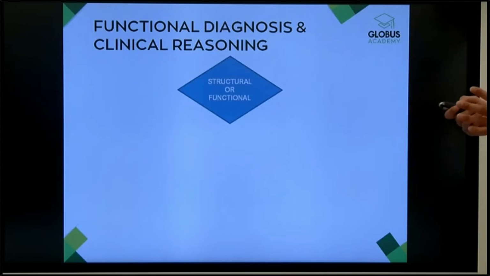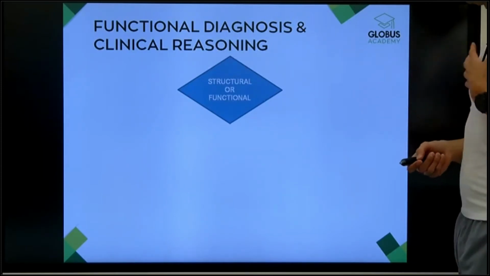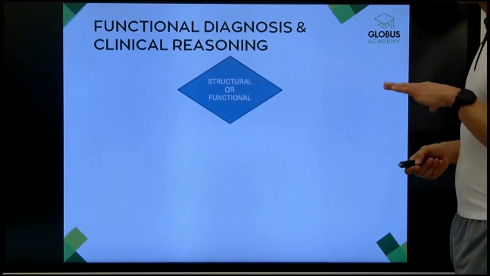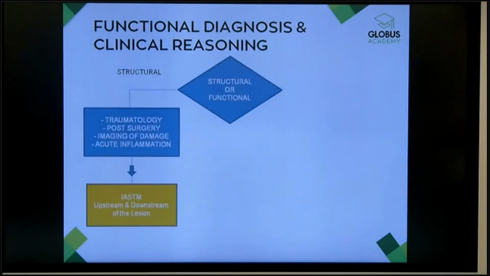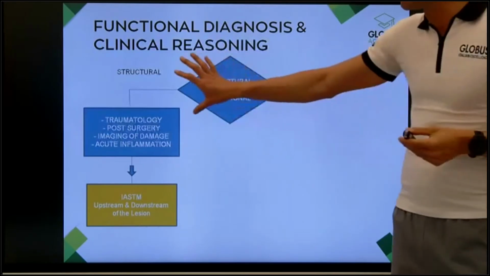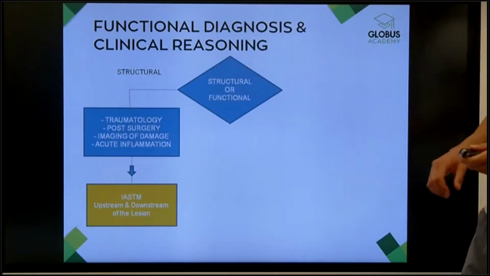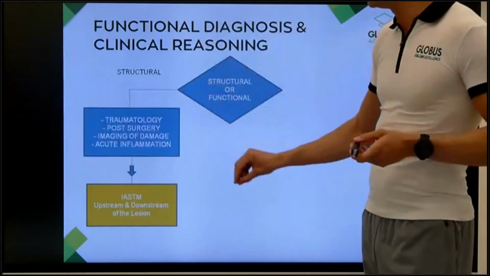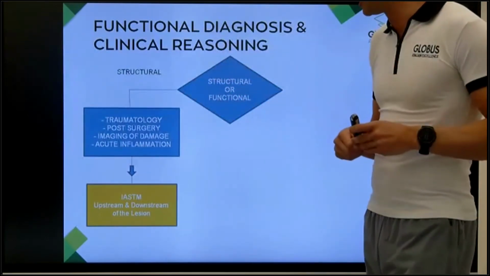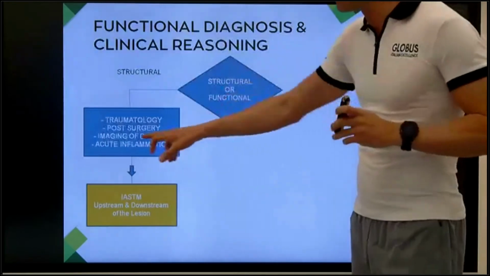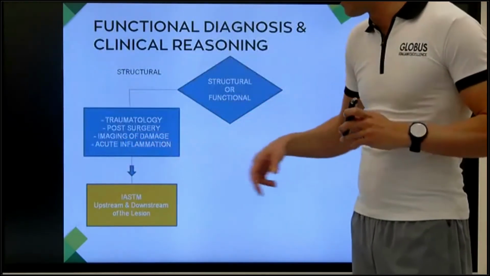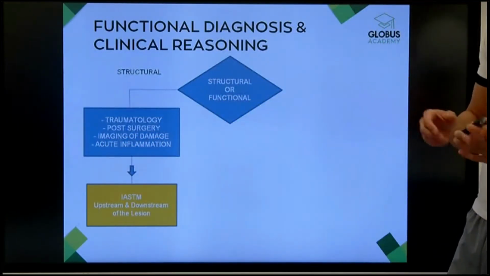All right, first of all, the first question we have to ask ourselves is: is this a structural or a functional problem? If we are talking about a structural problem, it could be a problem of traumatology, a post-surgery patient, and it's very easy to find positive imaging of the damage.